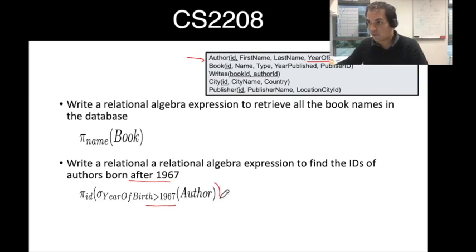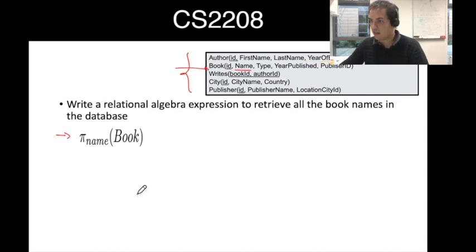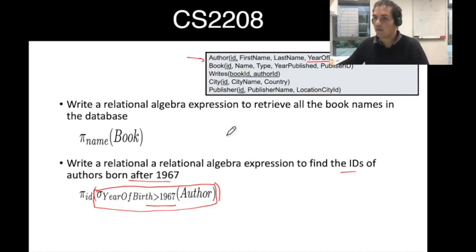Something important that I have to mention, remember that the question is clear. We are asking for the IDs. If we just leave this portion of the query, we will be getting everything, all the attributes from author. And we want to get only the IDs. That's something important. We want to use the projection in order to get the IDs of the authors.